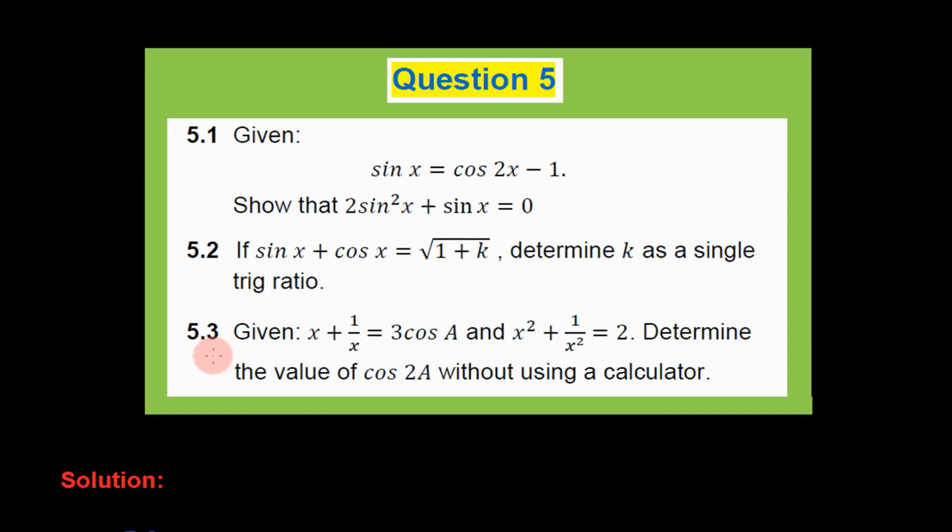Then in 5.3, we are given that x plus 1 over x equals 3 cos a, and also that x squared plus 1 over x squared is 2. And we have to find the value of cos 2a without a calculator.